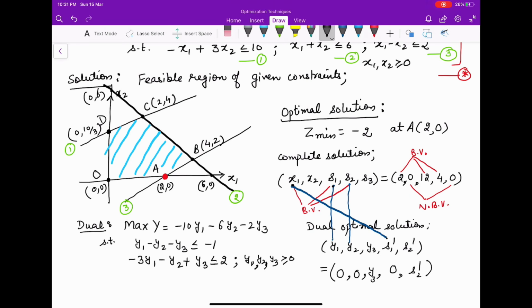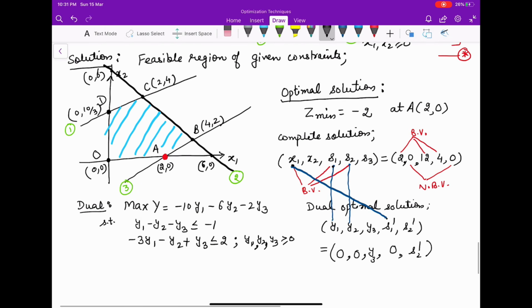Now you substitute these values equal to 0 in this system and you can find out the remaining values of Y3 and S2 dash. So we have Y3, S1 dash and S2 dash.